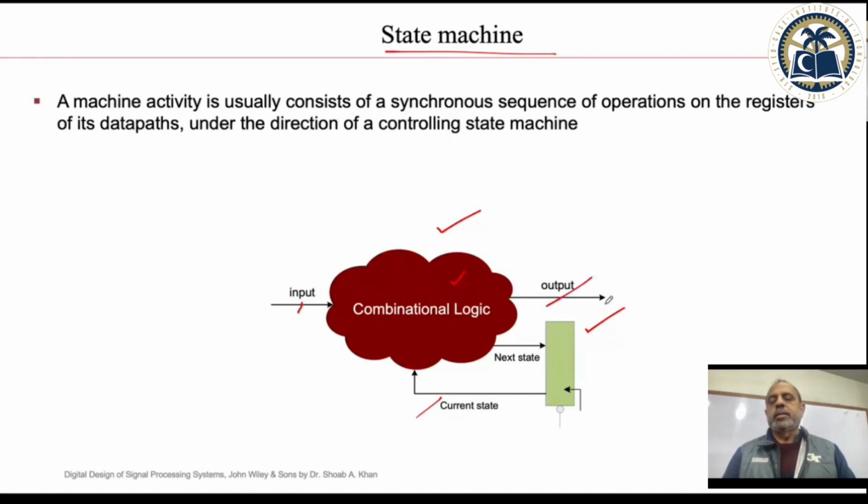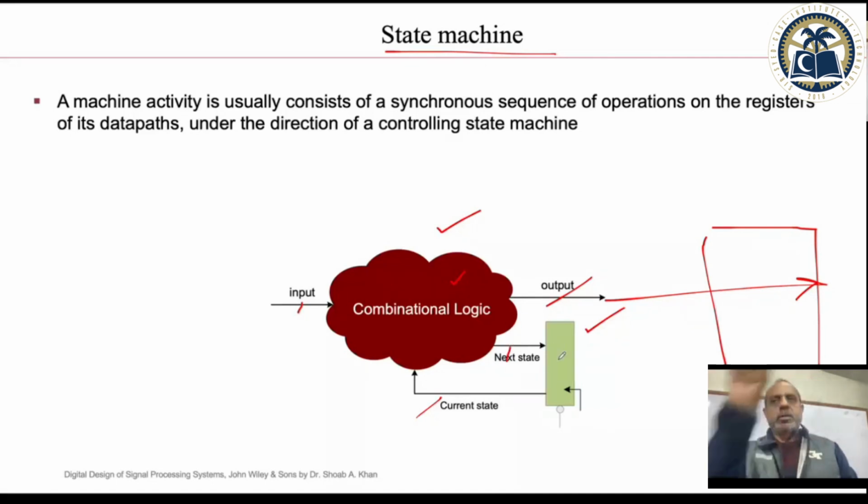So that is going as an output to the data path, controlling your data path, and then it will also transition into the next state: now the circuit is in this state, now the circuit is in this state. So in every state machine based design, the most important piece of information is the state register, which has the current state of the circuit.